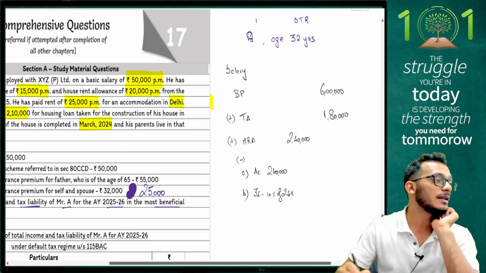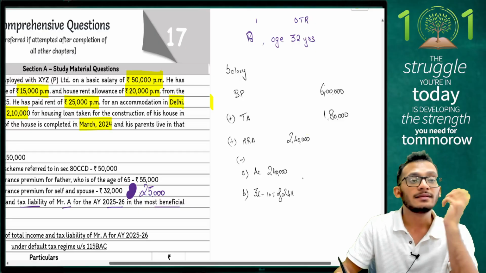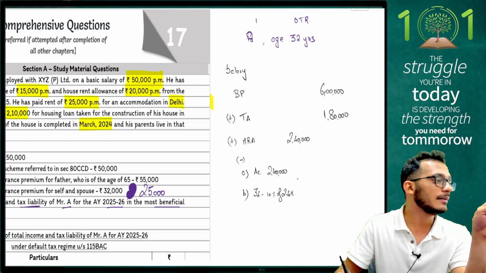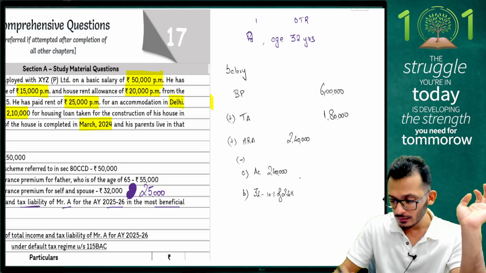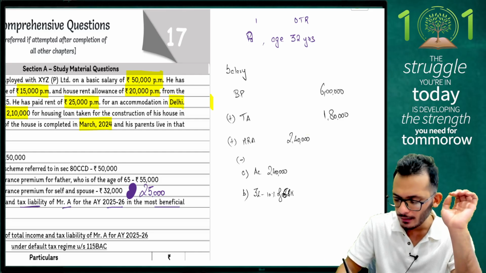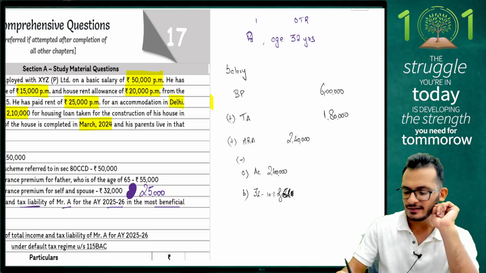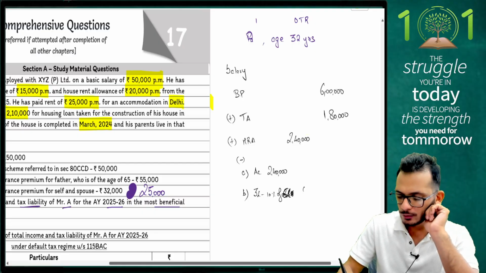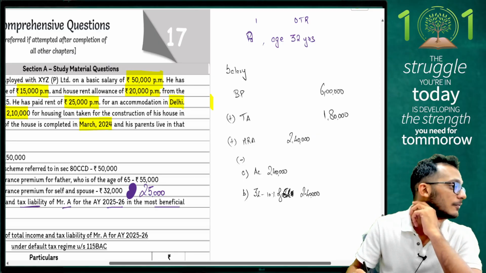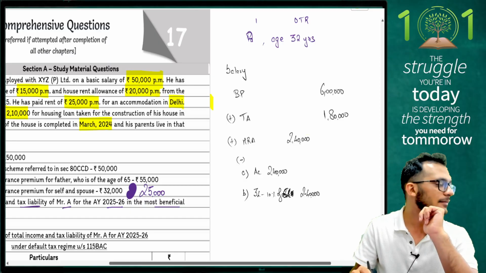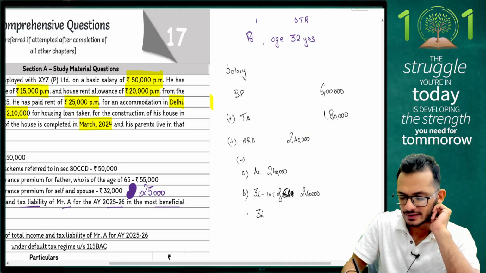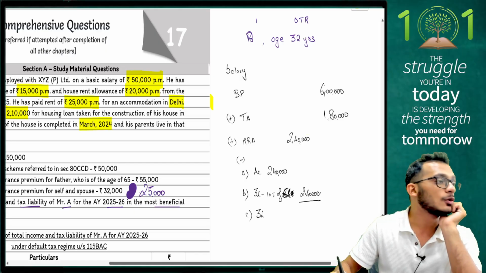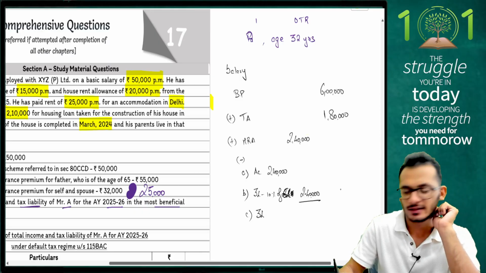So 3 lakh minus 60,000 is 2,40,000. Last number is 50% of salary because the guy is in Delhi, so 50% of 6 lakh is 3 lakh rupees. Least of the three, 2,40,000. Received 2,40,000, exempted 2,40,000. Taxable amount is 0.